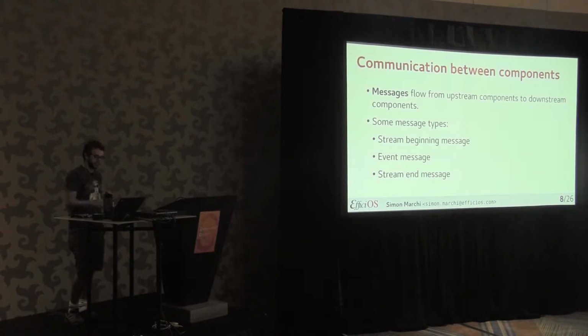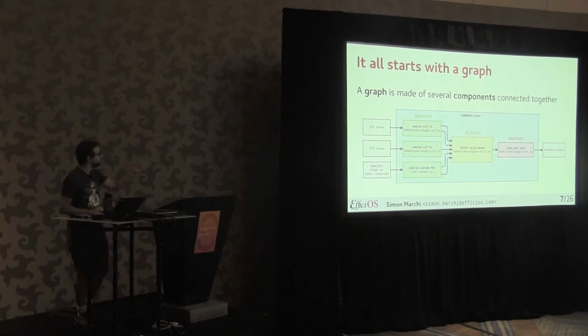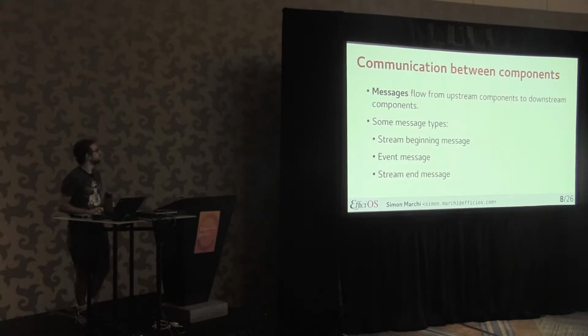And this will recurse. So for example, the red component will ask a filter, do you have some messages? And then the yellow component will ask its upstream components, do you have some messages? And eventually it reaches the sources, and those read from the trace files and then reply, yes, here are my events. So this is how it works internally.